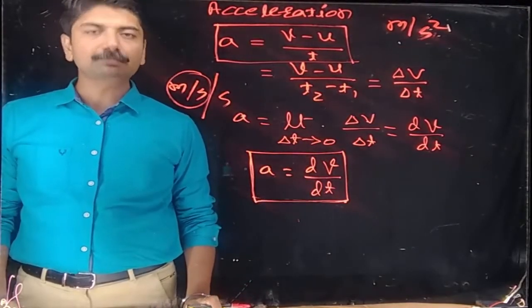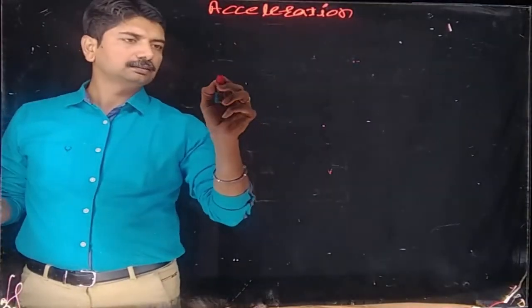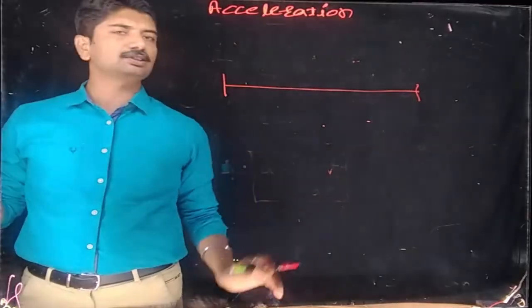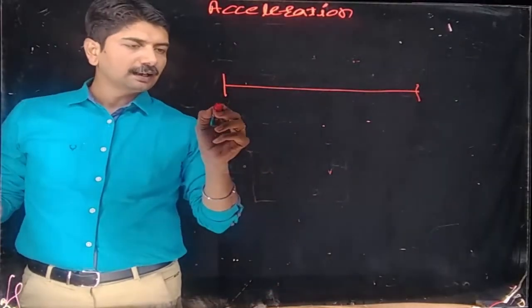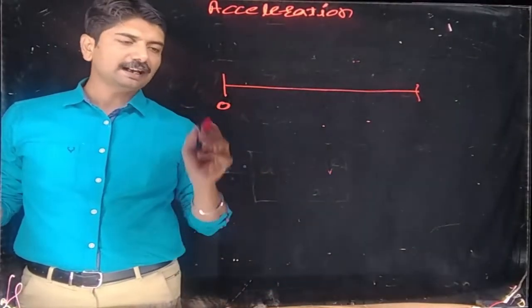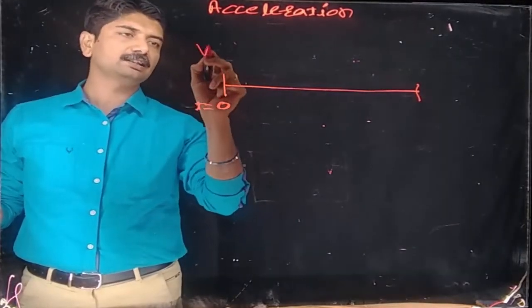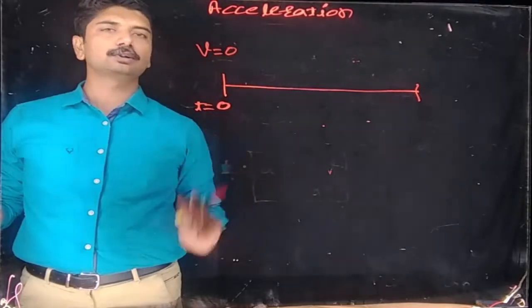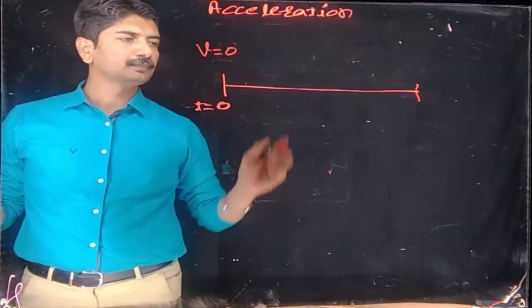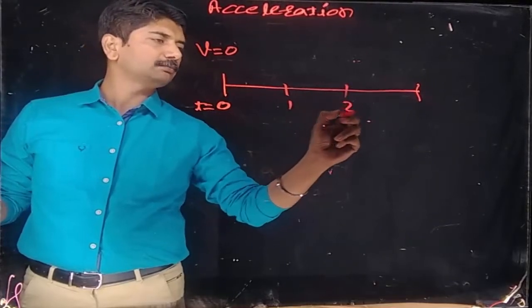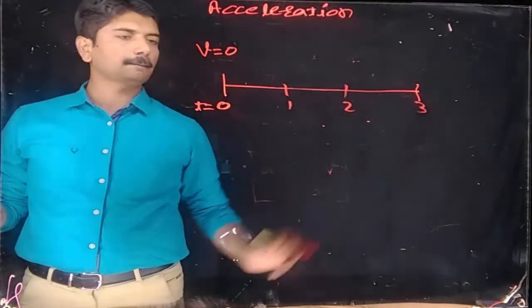What does it practically mean? Consider an object traveling in this direction. Initially, at t equal to 0, the particle is here and it was at rest, so velocity also is equal to 0. This is the first second mark, this is the second mark, this is the third second.